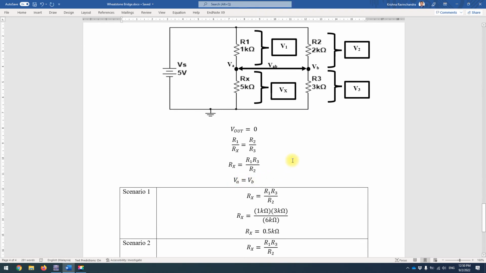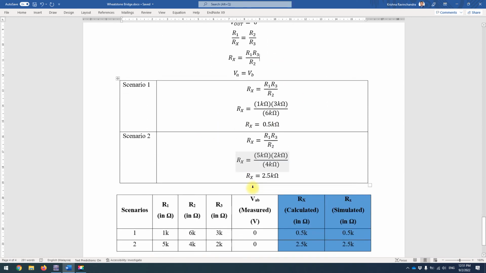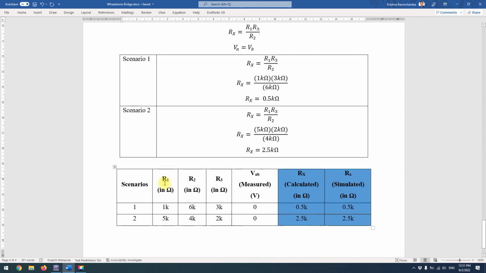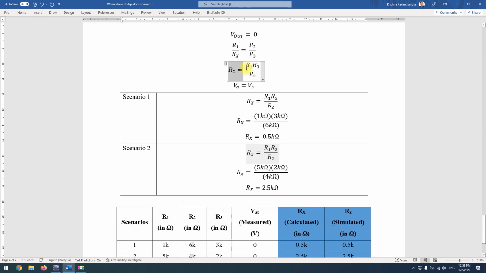So in this balanced bridge, I've done 2 scenarios, but you can try more. I'm just going to demonstrate how to simulate these 2 scenarios right now. I've set my R1 to be 1K, R2 to be 6K, and R3 to be 3K. Using the formula over here, I calculated the Rx value.